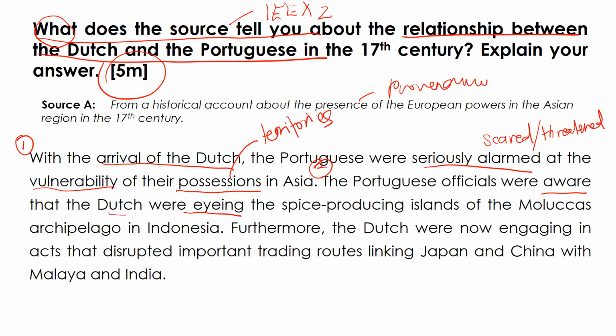So the Dutch were eyeing certain lands in Indonesia. Furthermore, okay, sentence 3, the Dutch were now engaging, okay, they were carrying out acts that disrupted, okay, affected important trading routes linking Japan and China with Malaya and India. So essentially the last statement is saying the Dutch were carrying out things that were affecting the trading routes in these regions. Okay?